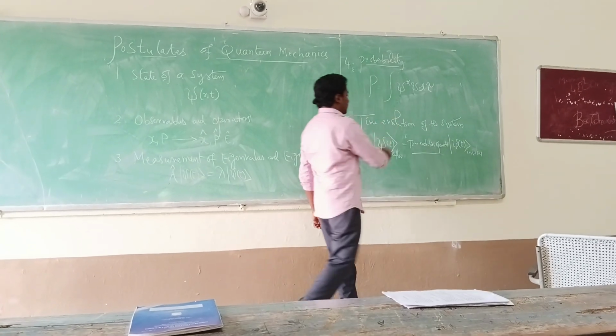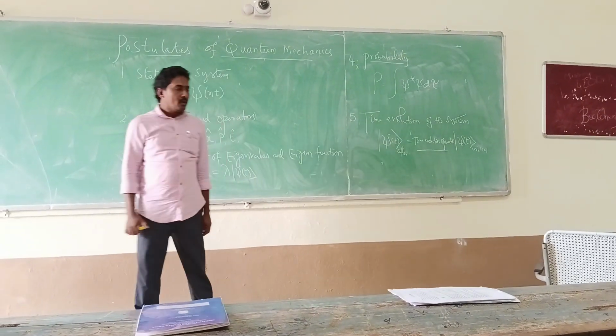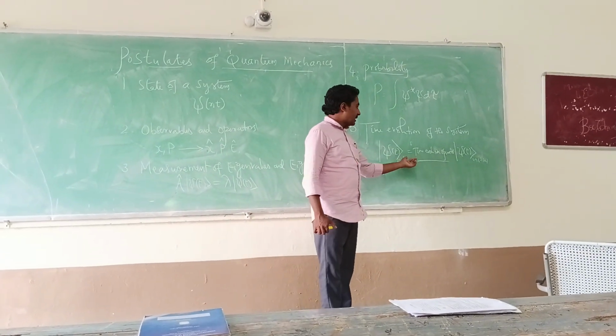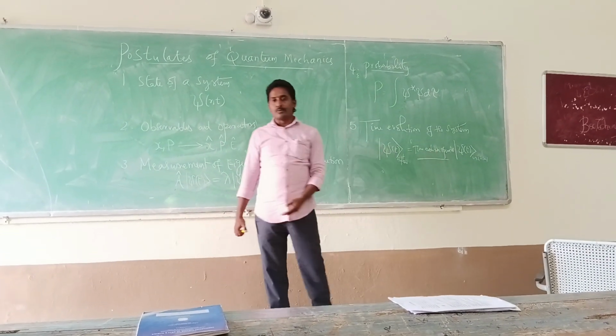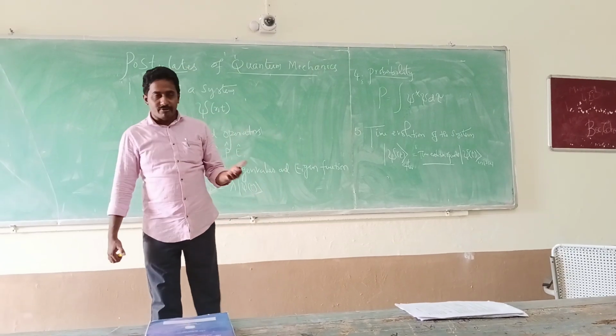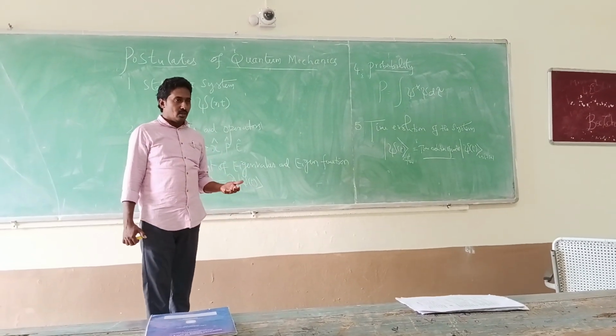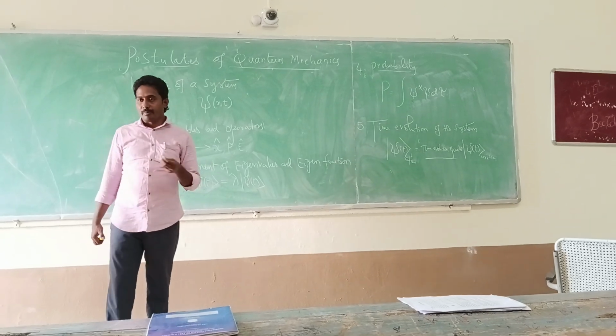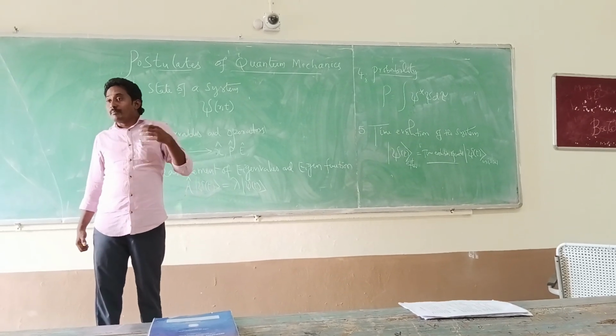So this is the time evolution operator. At any later time t, ψ of t can be expressed as the time evolution operator acting on ψ of t initial, the initial state vector. So the fifth postulate describes the state of the system or particle at any later time t.